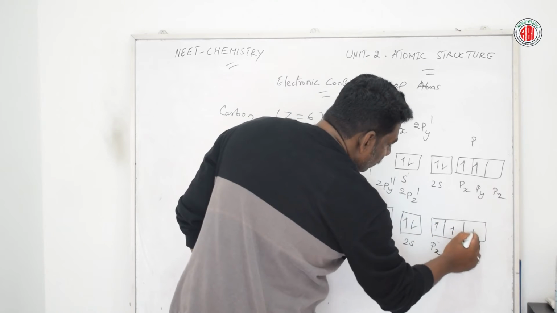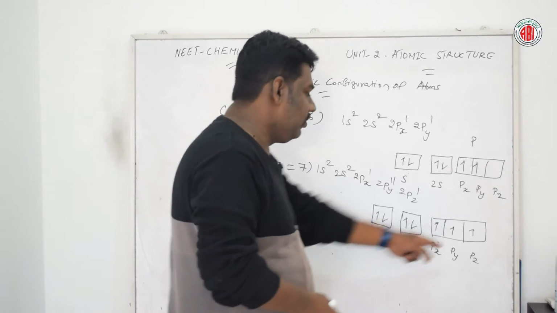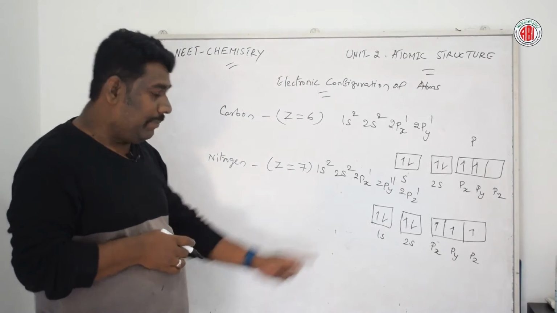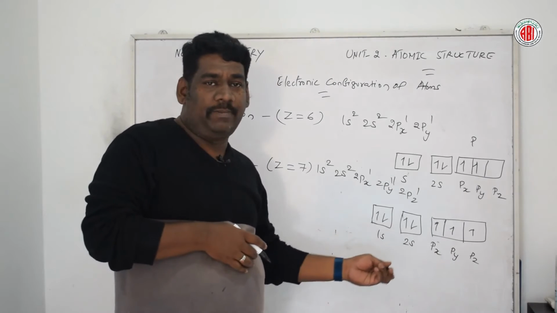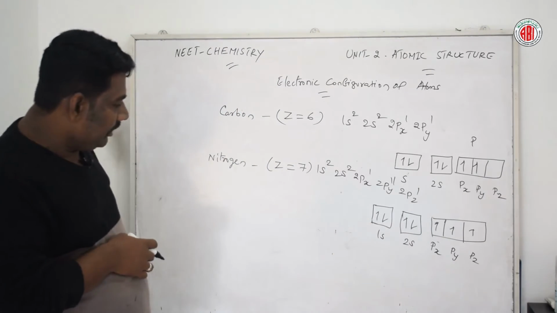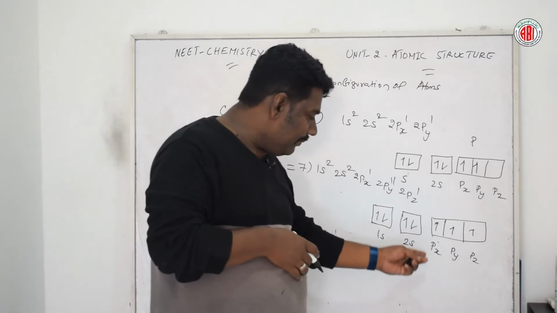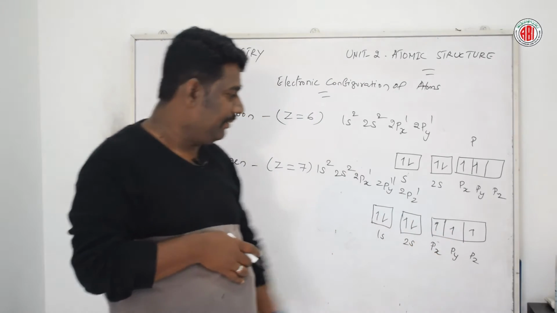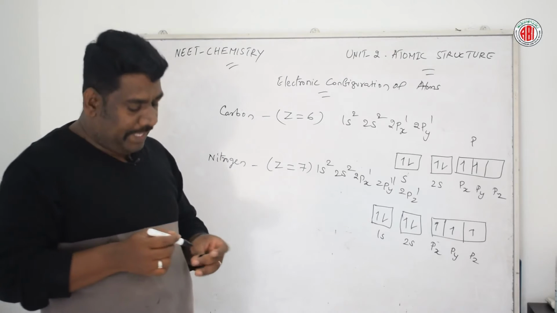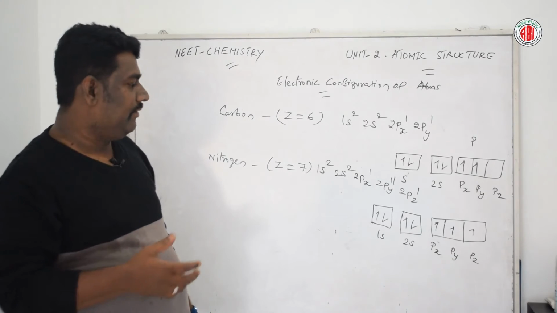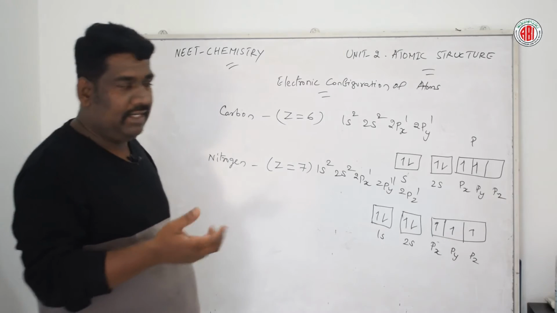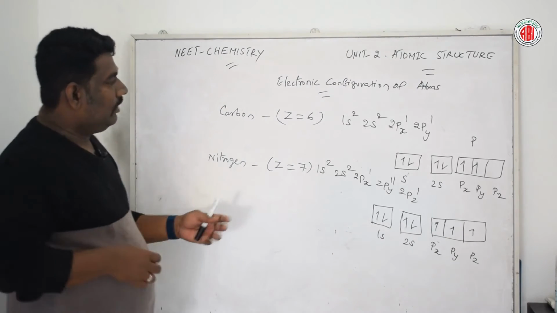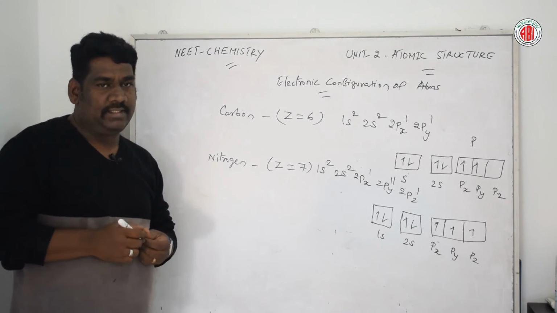That is the reason the orbitals are filled equally. Here we apply Hund's rule. According to this rule, electrons are first filled in the lowest energy level, and then the maximum number of electrons can fill the higher energy level. By this way we can write the electronic configuration of nitrogen.